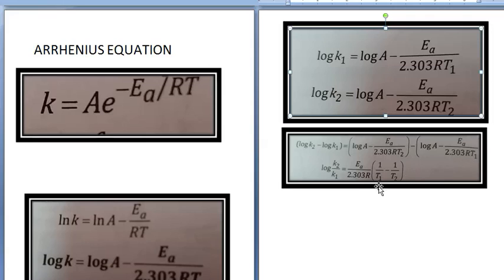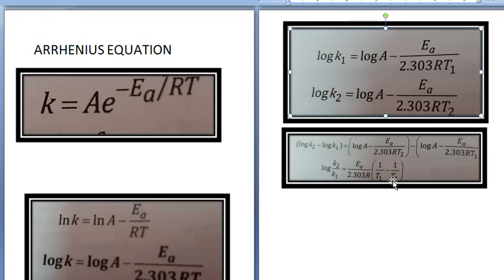So you get log K2 upon K1 is equal to EA upon 2.303 R into 1 upon T1 minus 1 upon T2. So from this equation you can calculate EA if you know the temperatures and the rate constants.